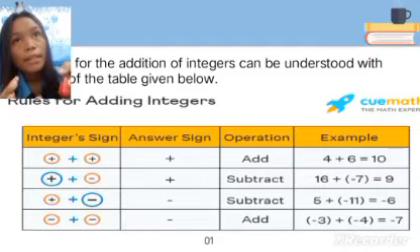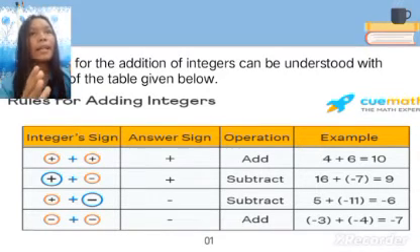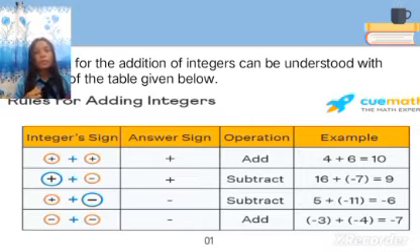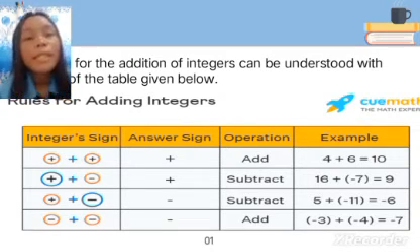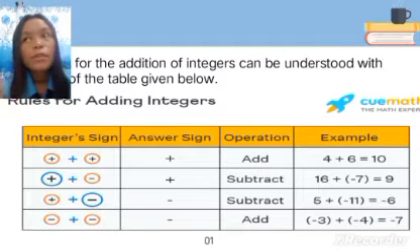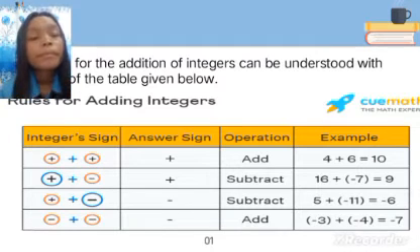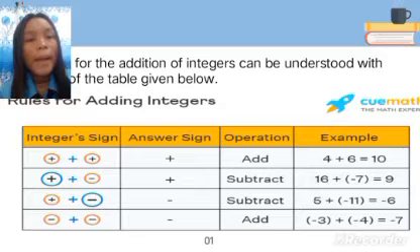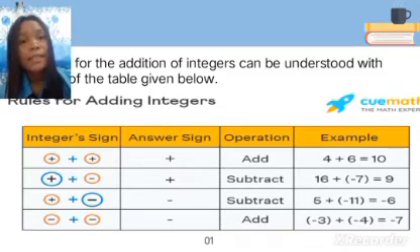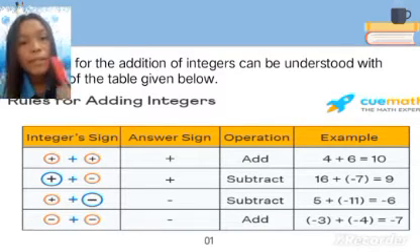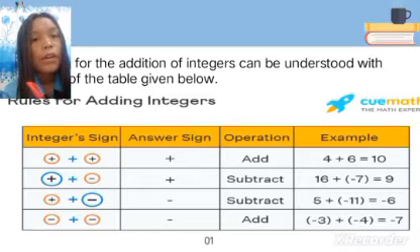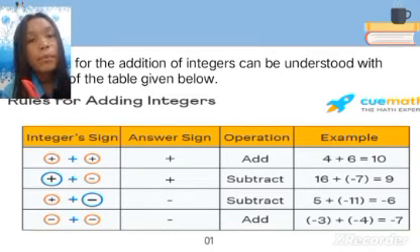For more understanding, in the easiest way, a positive added to a positive, what is the sign of the answer? The positive added to a positive is positive. The operation is addition, since both are positive. The best example is 4 plus 6 is equal to 10, or 5 plus 5 is equal to 10.